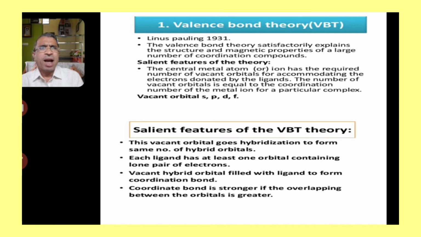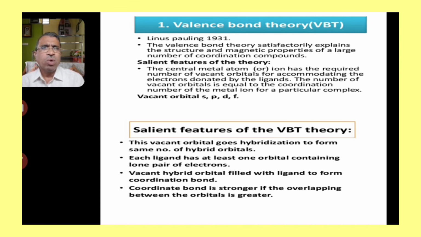The central metal atom or ion has the required number of vacant orbitals for accommodating the electrons donated by the ligands. The number of vacant orbitals is equal to the coordination number of the metal ion for a particular complex. In all these, s, p, d and f vacant orbitals are involved.